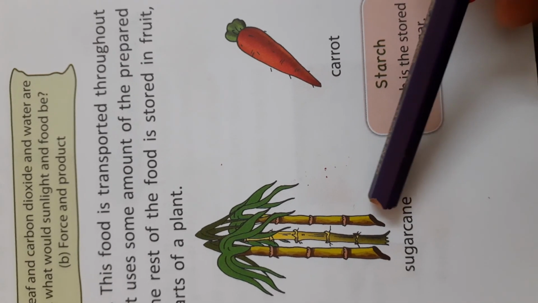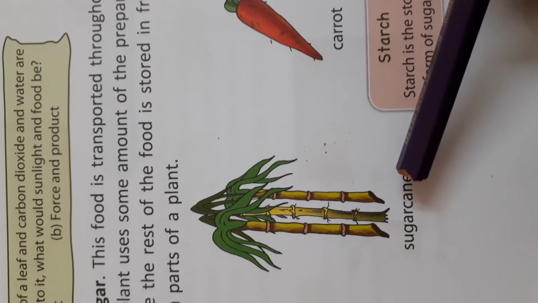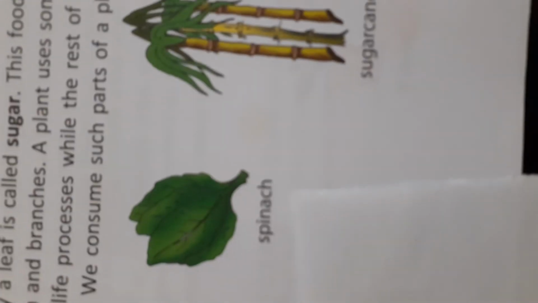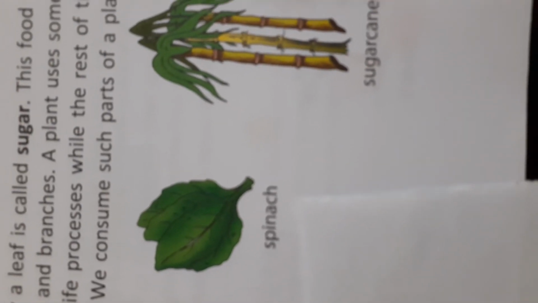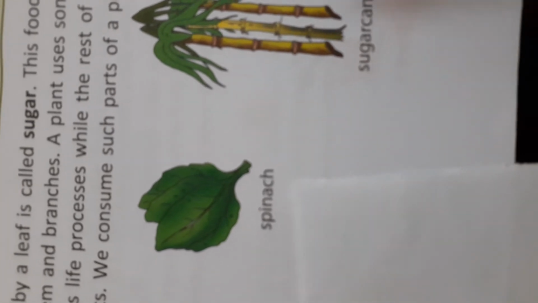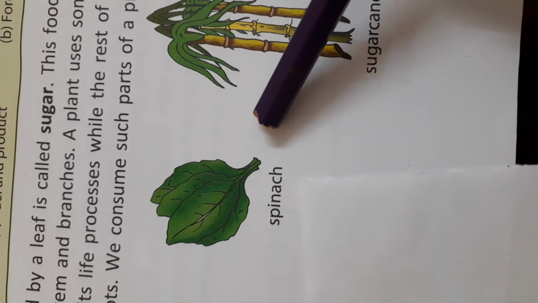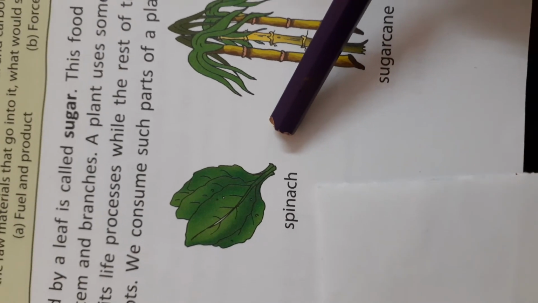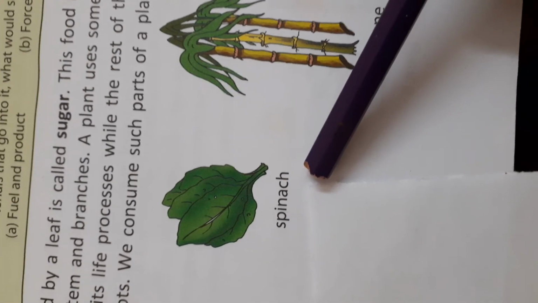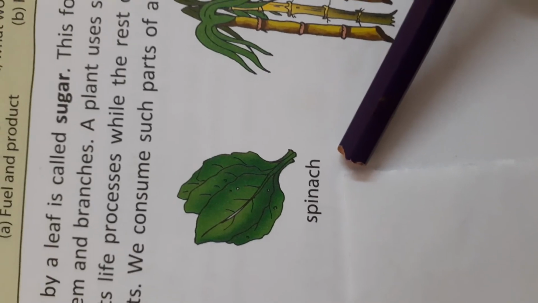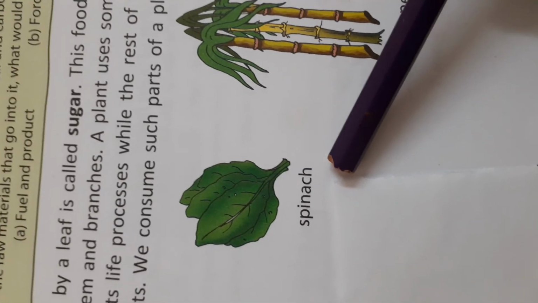We even consume sugarcane. The plant also stores its food in leaves, for example spinach. Spinach is palakura. Like spinach, there are so many other green leafy vegetables. We all eat them.